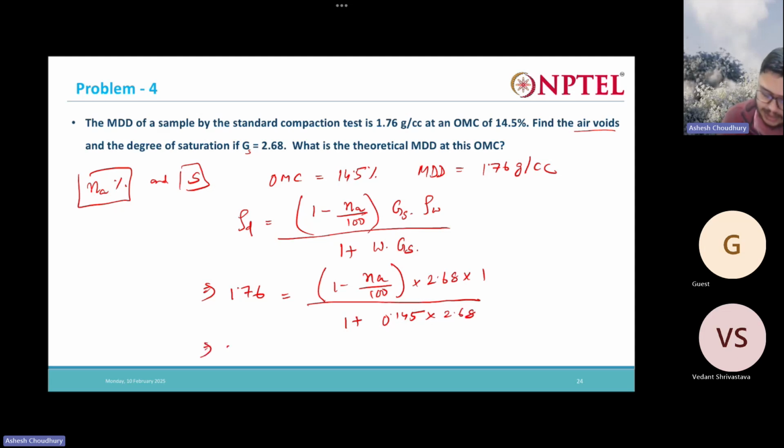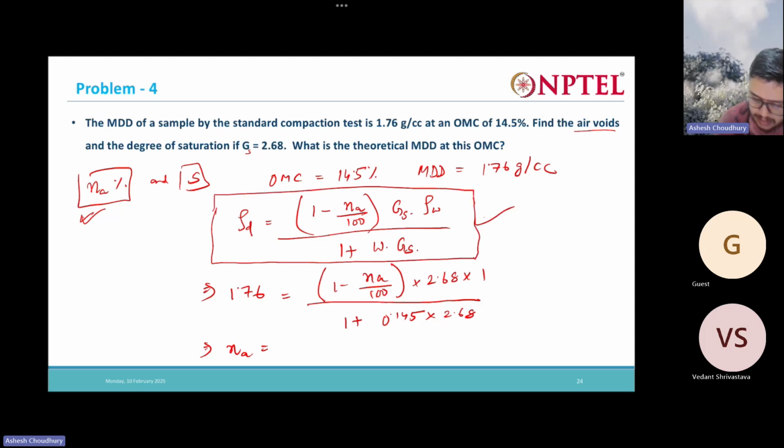Please calculate na from this one. We get the first thing, that is the air voids. So remember this relation. This will come out as 0.088, which is nothing but 8.8%.